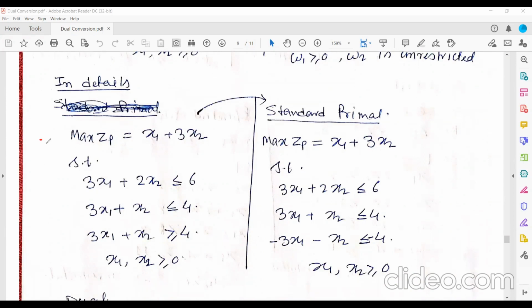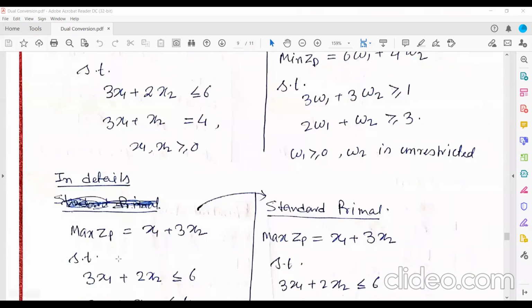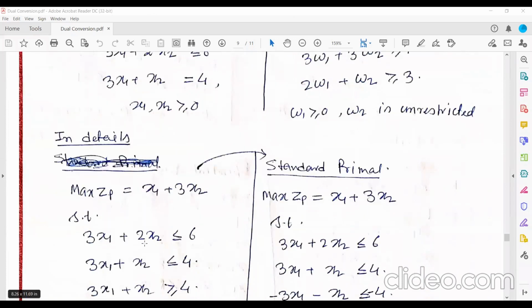So this is the primal, the original LPP: max Z_P is equal to x1 plus 3x2. Then 3x1 plus 2x2 is less than or equal to 6.